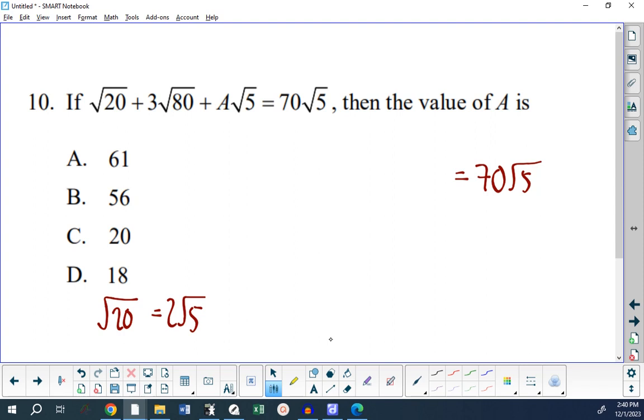So we have 2 root 5 plus, what is root 80? Well, I think 16 goes into 80 5 times. So root 80 is 4 root 5.